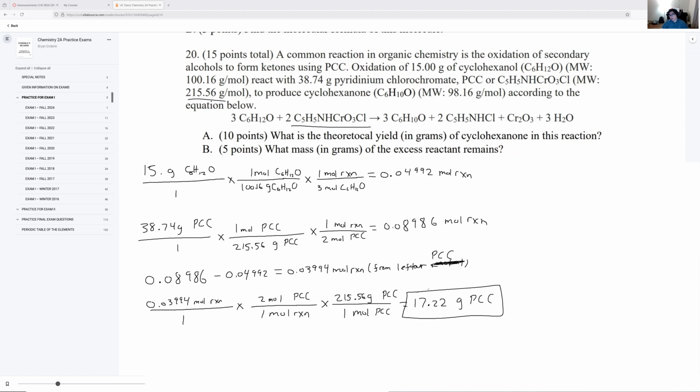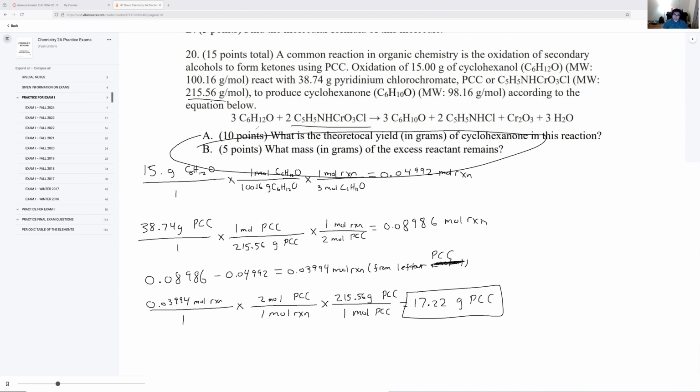This is how you'll do basically all of any reactive problems. It'll always be like this. Find the moles of reaction of each. And there's a few ways you could do it, right? You could do how many moles of product do you get? And then you could see which one is smaller, and then you need to figure out which one's limiting. I don't like that way just because it makes part B harder, right?